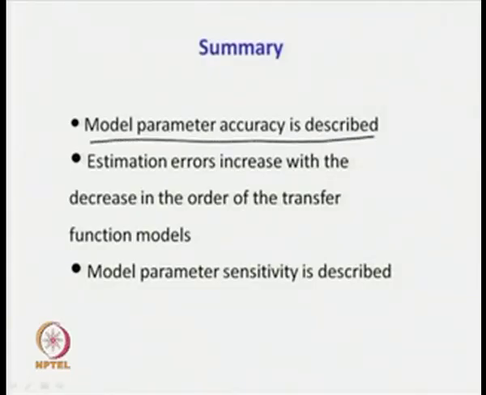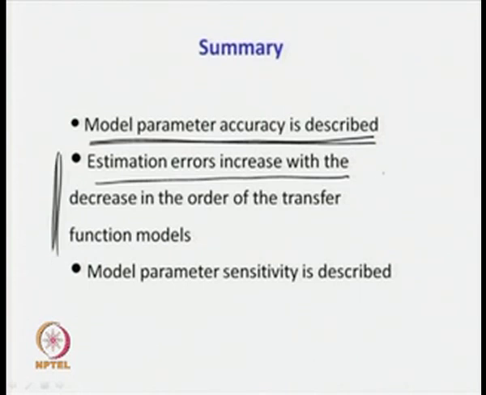So, the model parameter accuracy is described, where we have seen the absolute error contributed by errors in the measurements particularly. Also, estimation errors increase with the decrease in the order of the transfer function models. This has been explained in detail. When the order of the transfer function models increases, then the estimation error decreases.